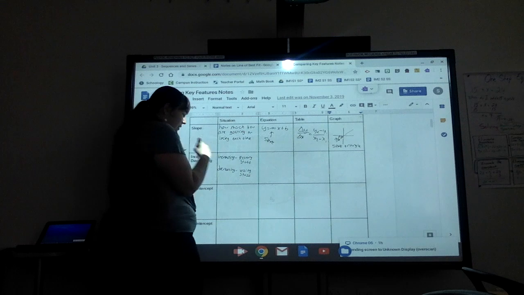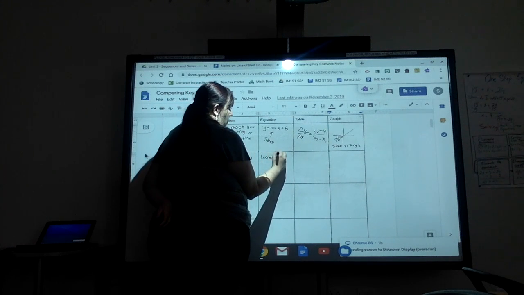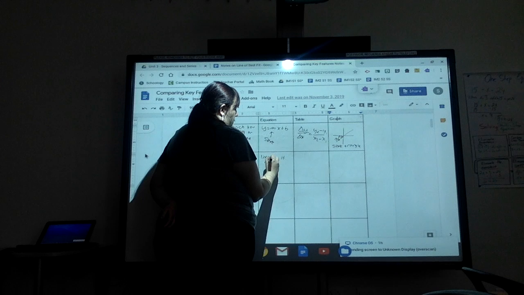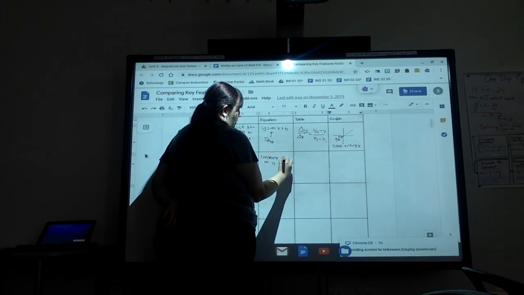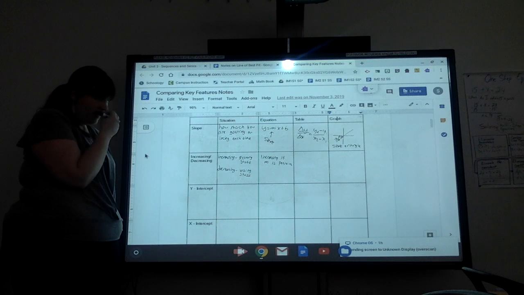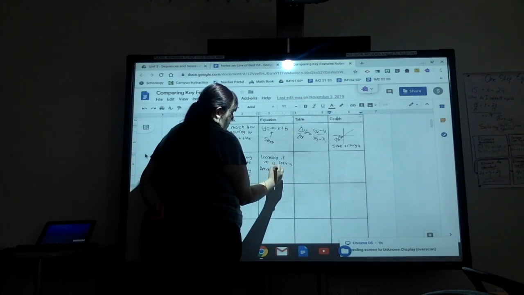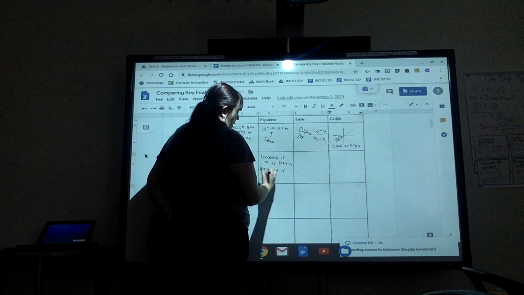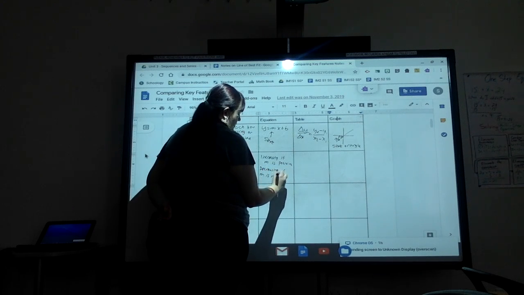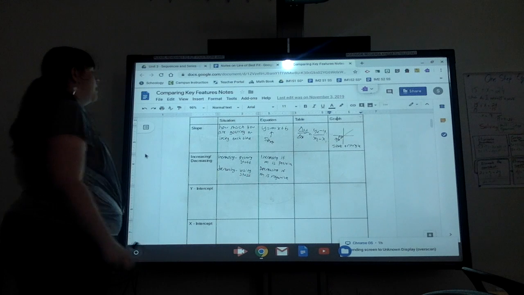Meaning in an equation, it's increasing if m is positive, because if it's a positive slope, that means you're going up. And it'd be decreasing if m is negative, because that means you'd be losing stuff and it'd be going down.